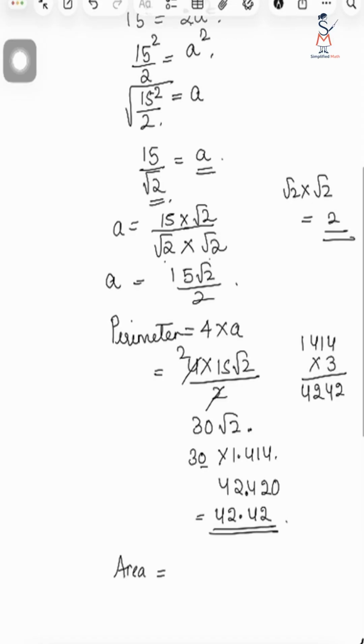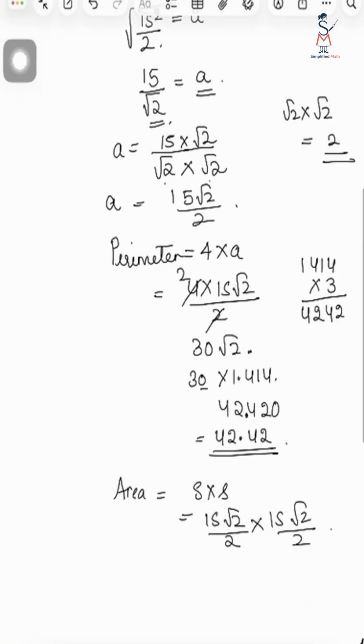Now we want to find the area. What is the area? Area is side into side, that is a into a. A is 15 root 2 by 2 into 15 root 2 by 2. Fine. So what will be the area of this? 15 multiplied by 15.